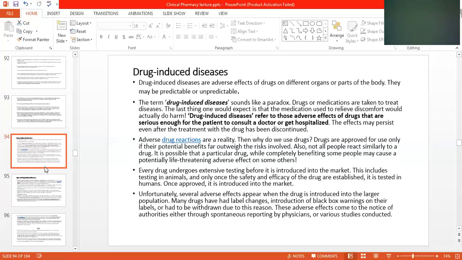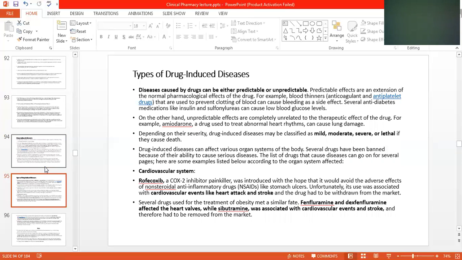We have discussed predictable and unpredictable drugs. For aspirin, we can say that at higher doses it will cause GI bleeding. We can predict it for NSAIDs. Of course, we can predict that propranolol, if given to an asthmatic patient, may enhance the asthmatic symptoms. So we should be careful about that.